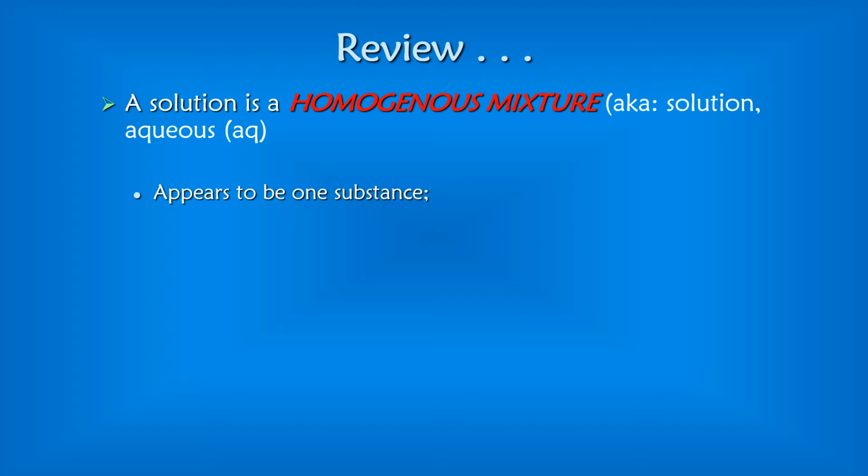We don't see different layers in our solution. So homogeneous mixtures are actually what we call a solution, which appears to be one substance. Yes, there can be sometimes some solid particles that we can see in there, but we don't see different layers. And remember that homogeneous mixtures can be separated by distillation, which is based on the boiling point of something.